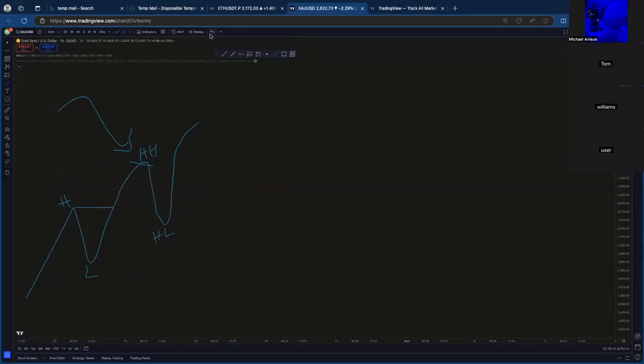This is called a higher low because this is a low, but this very low you have your eyes set upon is higher than the previous low. Hence, higher low.